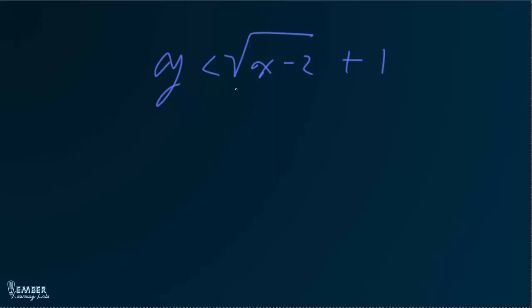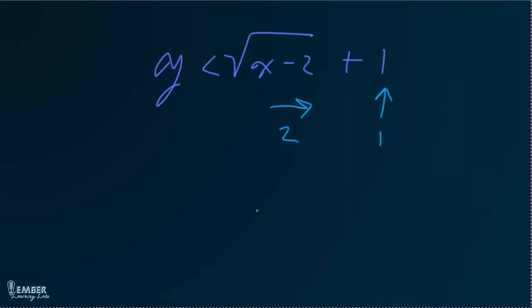Okay, so there's no dilation whatsoever, but there is a horizontal translation. So it goes to the right 2 spaces, and then it goes up 1 space.